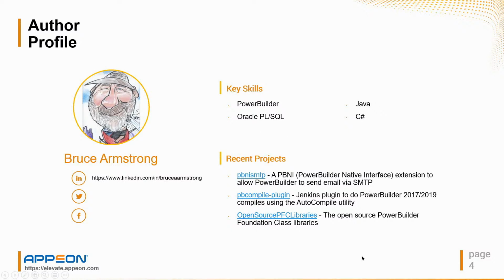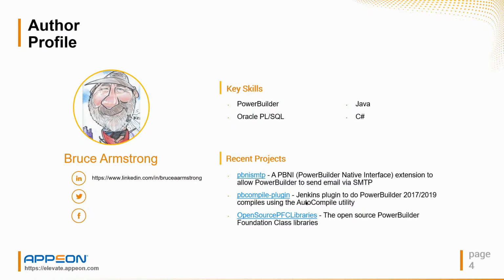I'm involved in a number of open source projects. One of them is the open source PFC libraries. I help support that. I wrote a utility called PBNI SMTP. It's a PowerBuilder native interface, so it's a C++ extension for PowerBuilder to send SMTP emails. And then I put together a number of plugins for Jenkins.